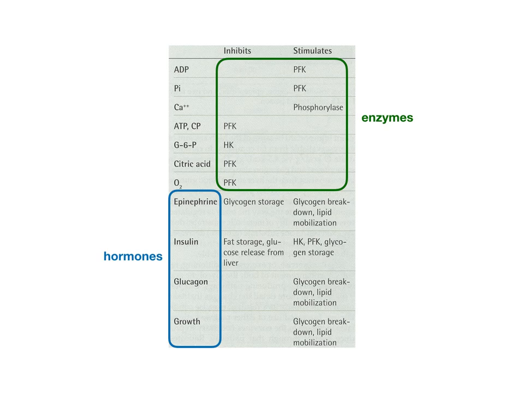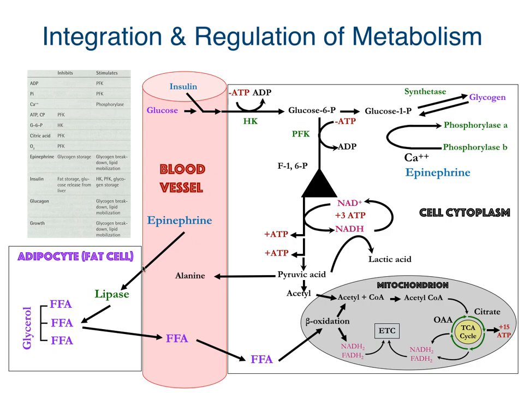Because they all end in -ase. We have PFK, which is phosphofructokinase. We have phosphorylase. We have HK, which is hexokinase. We also see one more of these enzymes present down here in lipase. So these are all enzymes. They're breaking something down.